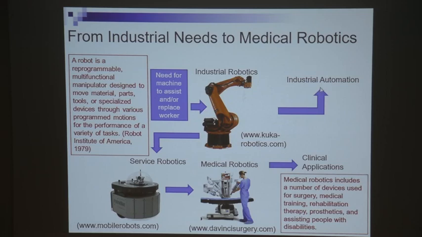The industrial robot then leads to industrial automation, but the industrial robot is also evolving to become a service robot. Then you have the service robot, and then comes the medical robot, and the medical robot then moves on to clinical applications. So you can see the evolution from industrial need to the medical robot.